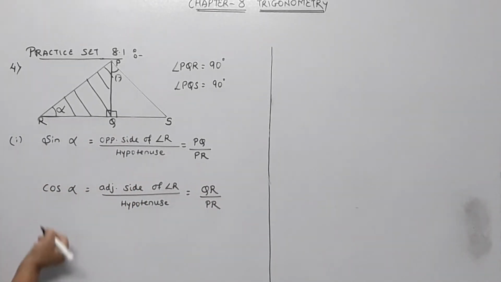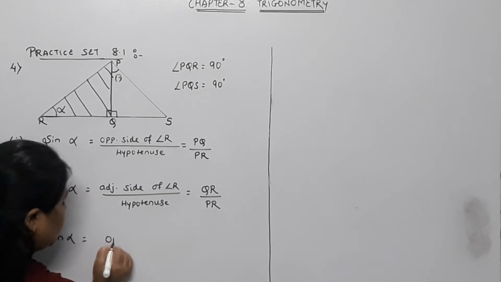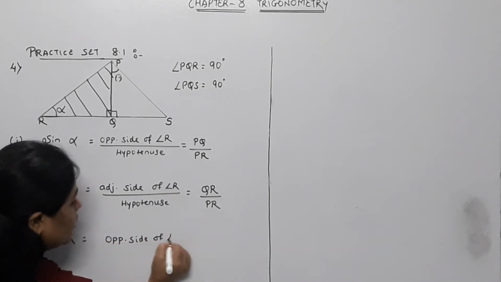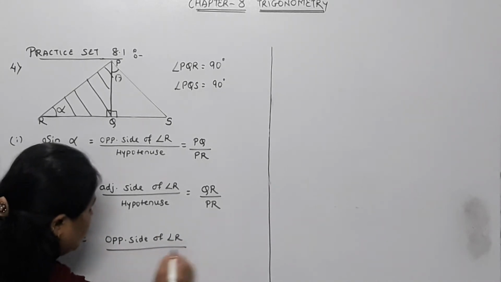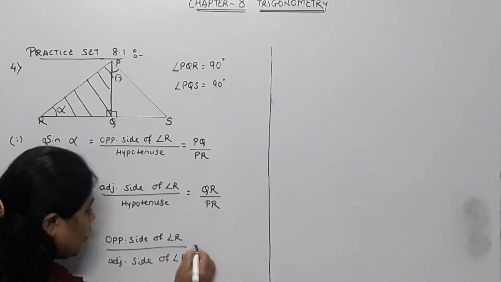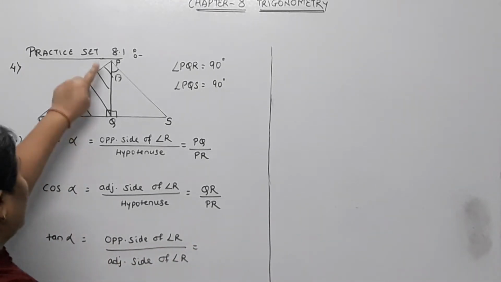Okay. Then tan alpha. Tan alpha means what? Opposite side upon adjacent side. So opposite side of angle R upon adjacent side of angle R. What is opposite side of R? It is PQ.